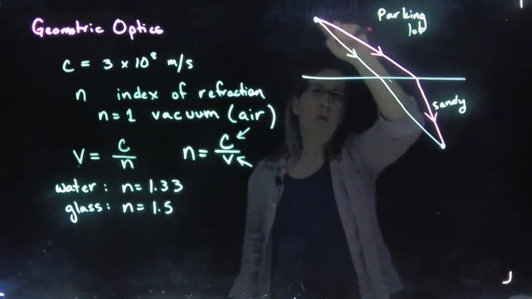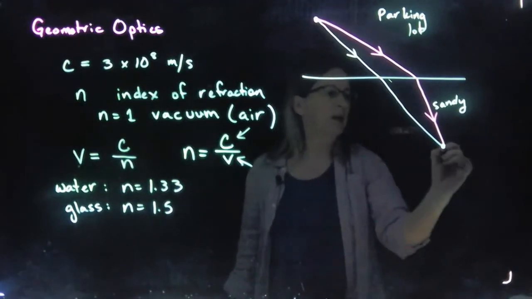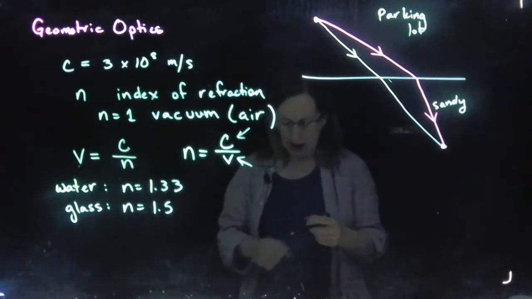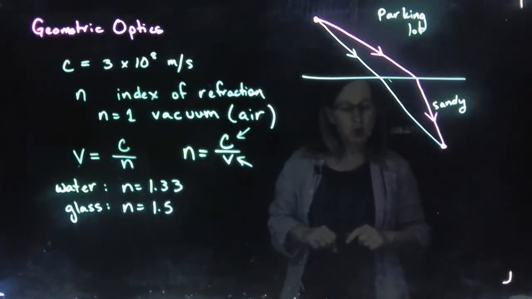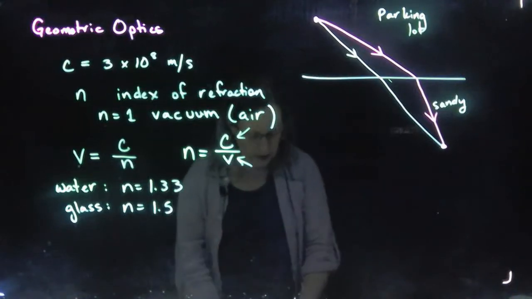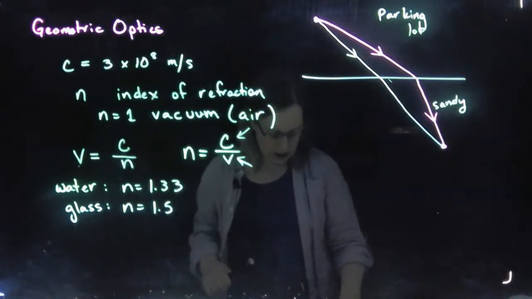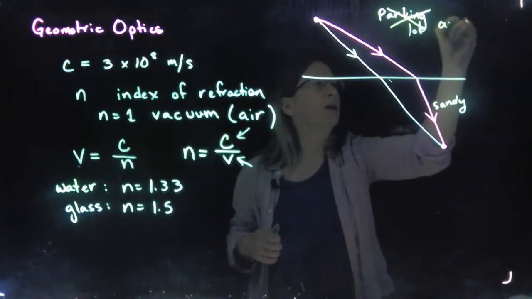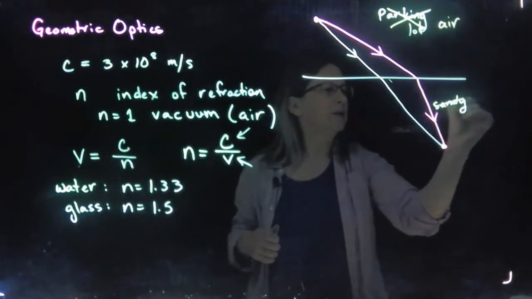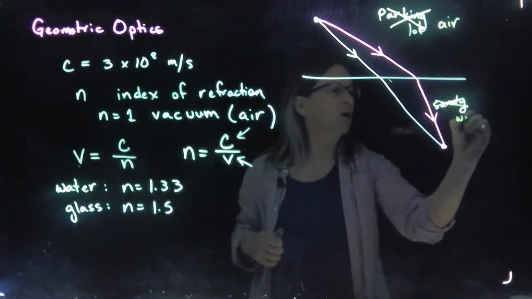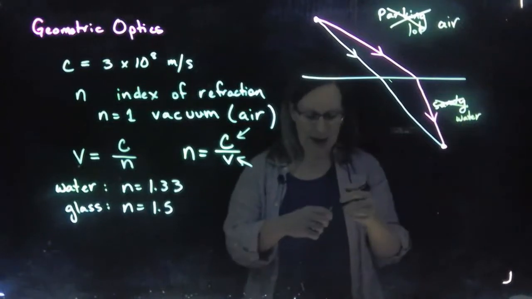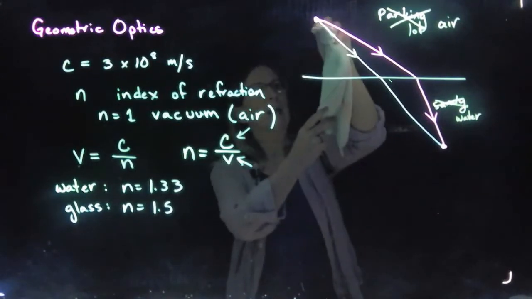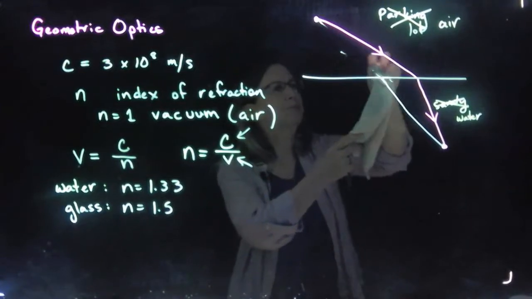So if we want to talk about light getting from here to here, this is a good analogy for what happens. And so we describe what happens if we change this from parking lot now to air or a vacuum, and we say this isn't something sandy, we say this is, say, water or glass, then the path that the light takes is this pink path that we have right here.